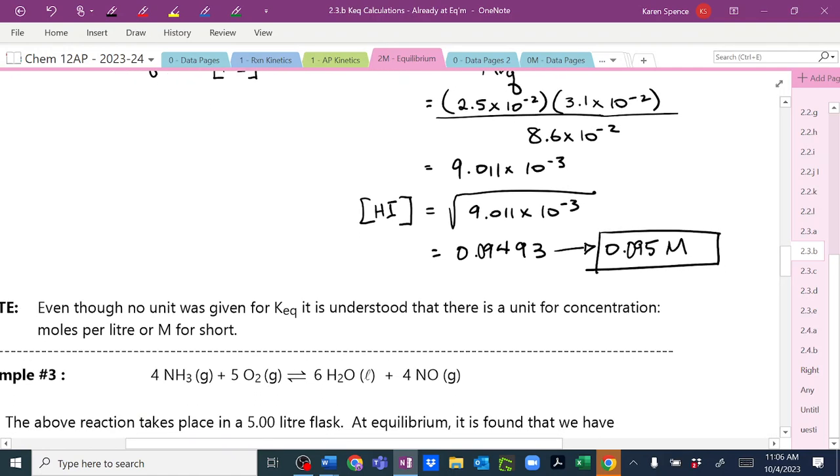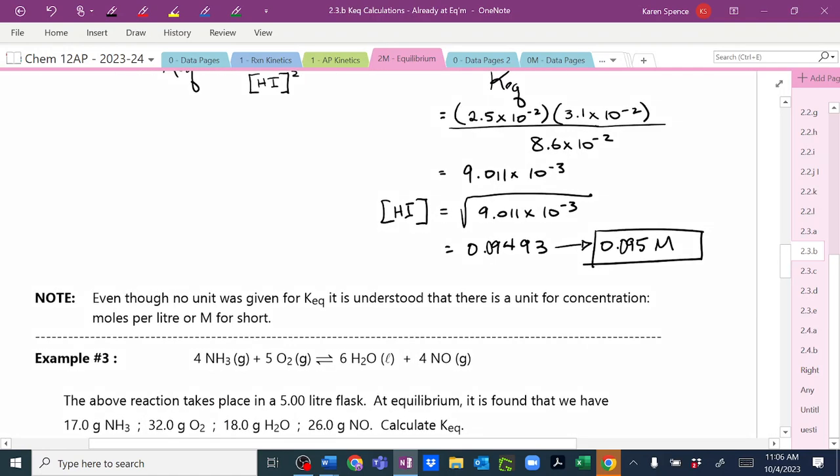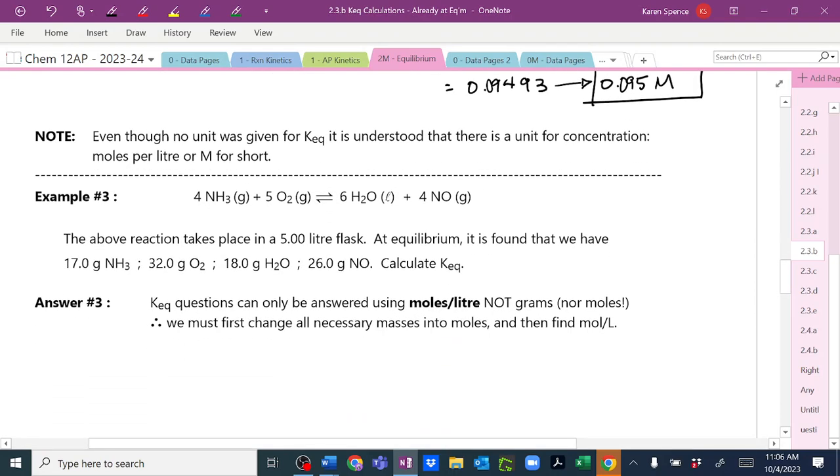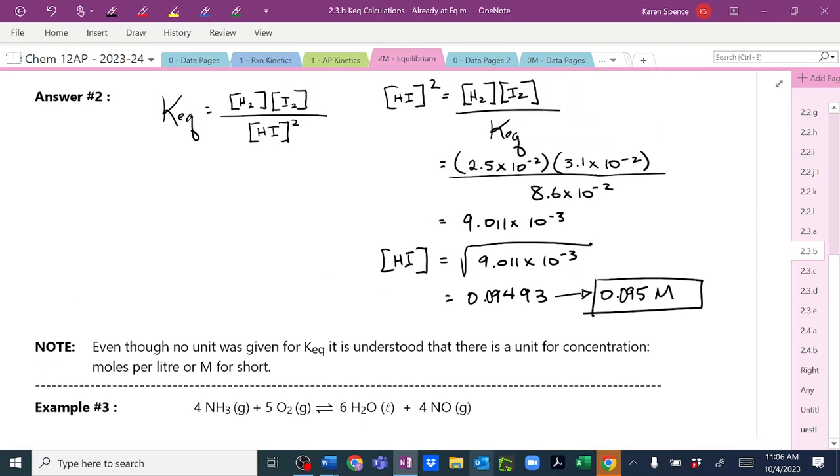So even though there was no unit given for KEQ, if you're solving for a molarity, you have to write molarity, obviously. No. You do not need to include units in any KEQ calculation.